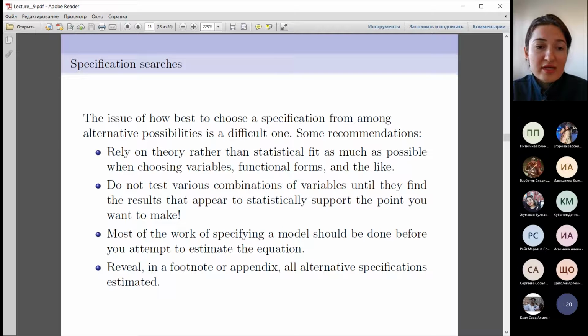And also, don't test different combinations of variables until you find the result that appears to statistically support the point you want to make. So we understand that you can manipulate your data, you can manipulate the models, the model specification, you can even manipulate the variables. But generally speaking, we can always see that you did some manipulations.